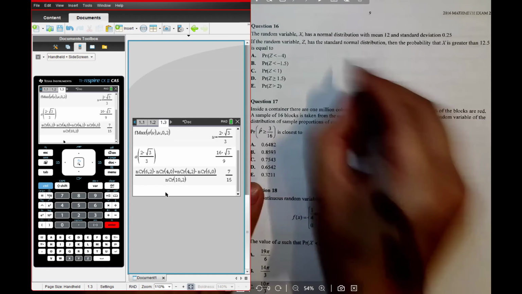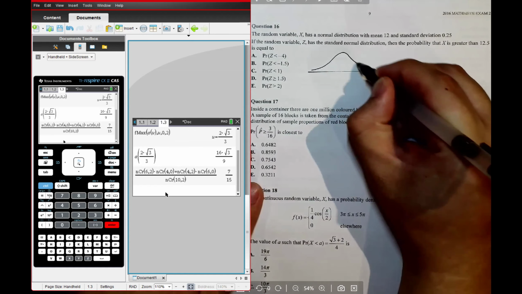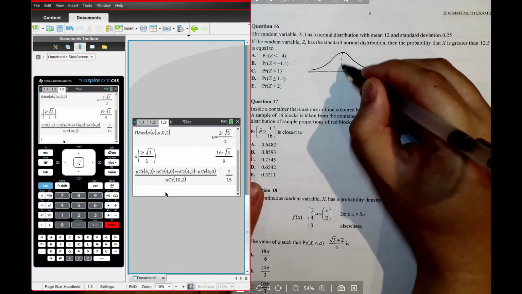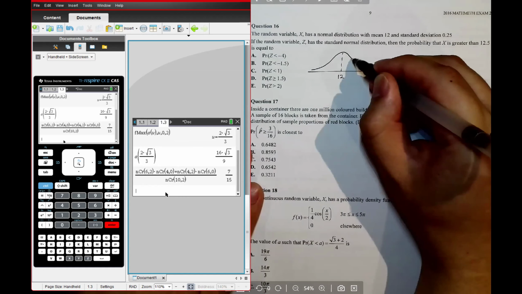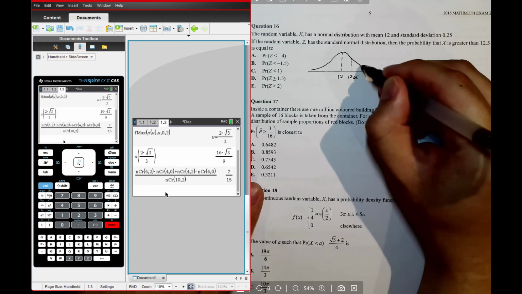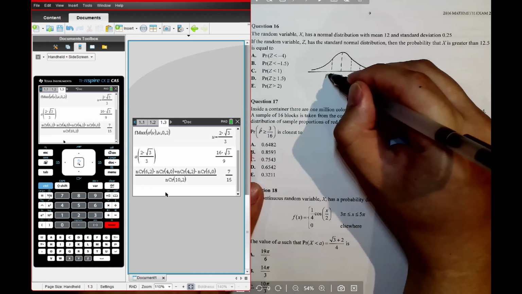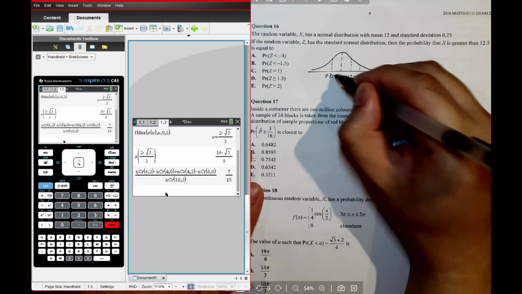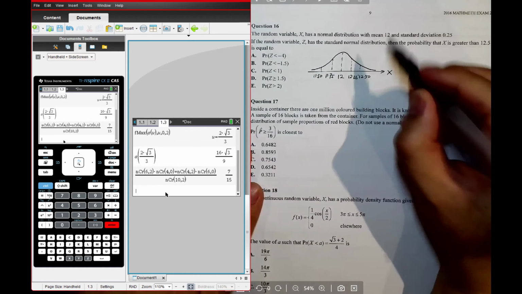So with this approach, you don't have to press the buttons. Just identify this is the mean value 12. One standard deviation of 0.25 gives 12.25, and that's 12.50. On the other side, you get 11.75 and also 11.50.